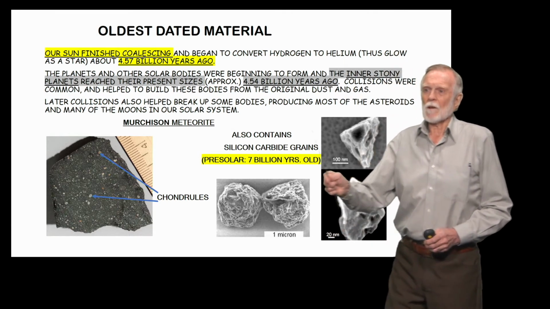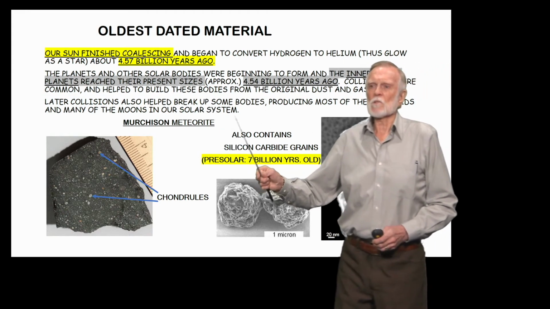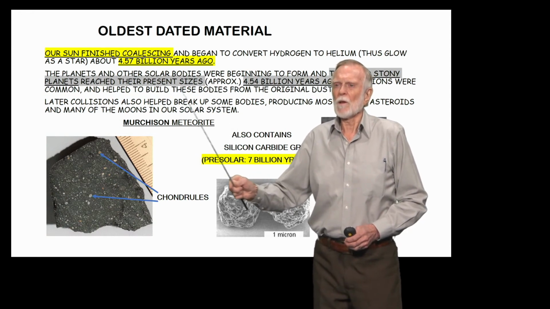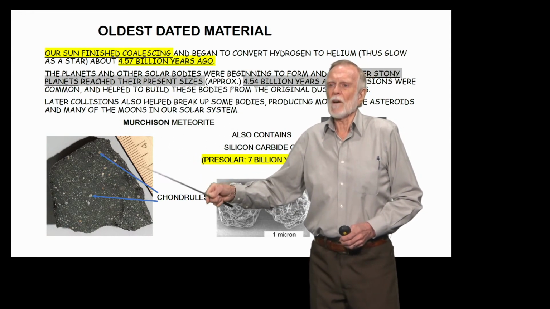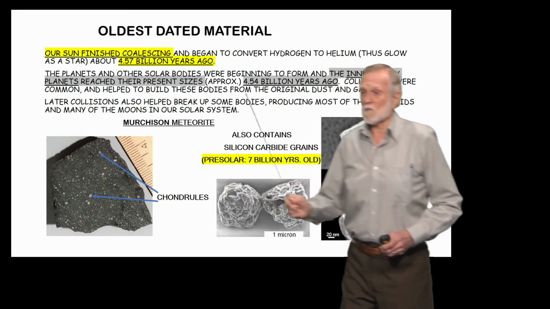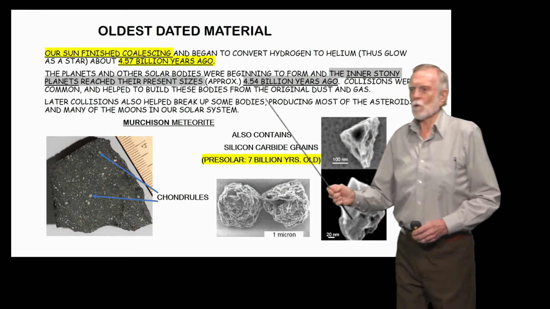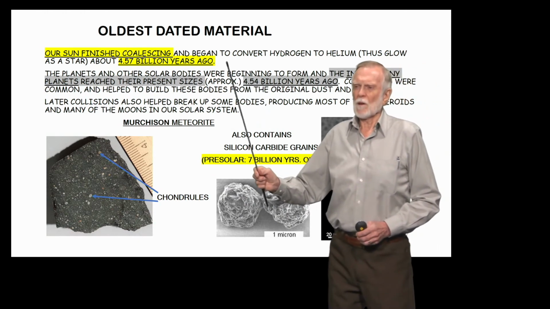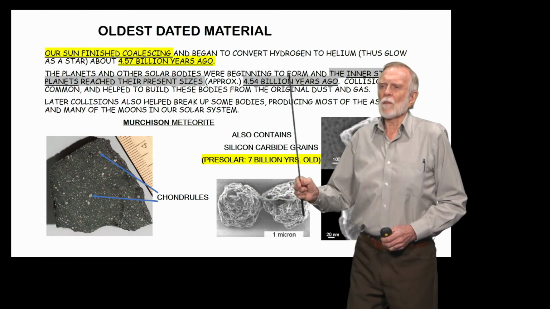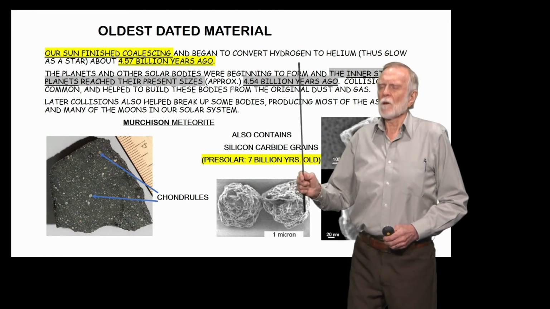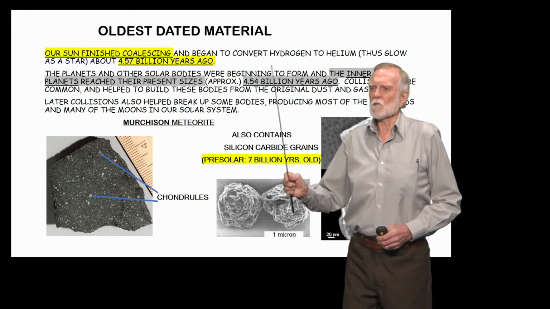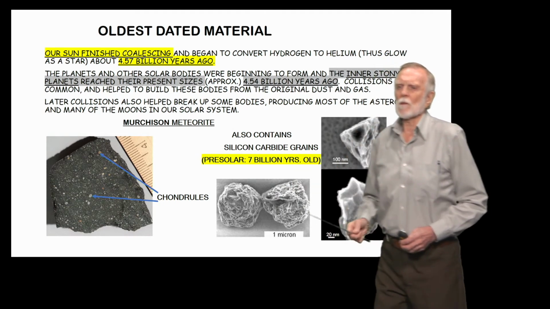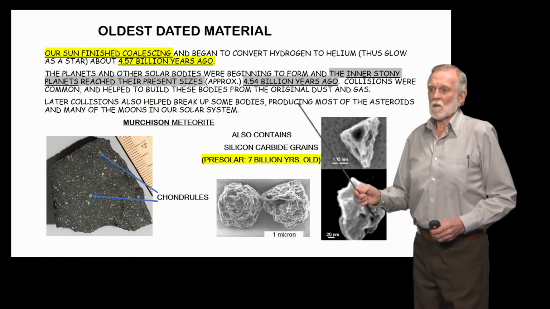Well, that whole action for our solar system just began about 5 billion years ago, and by 4.57 billion, our sun was a glowing sun. It had gotten big enough and compacted enough that atomic fusion was occurring, hydrogen atoms squeezing together to form helium, as it still does today.